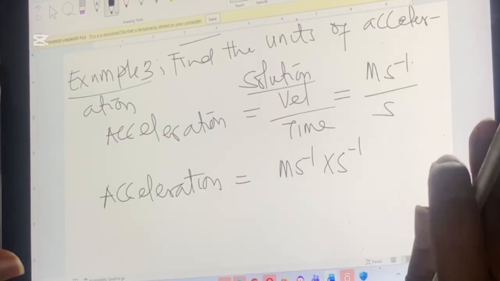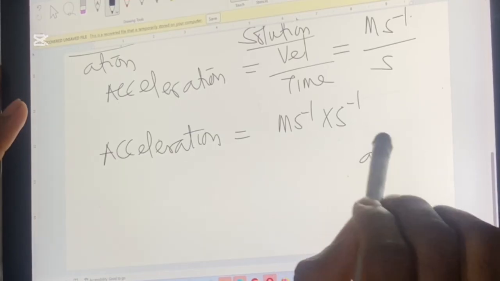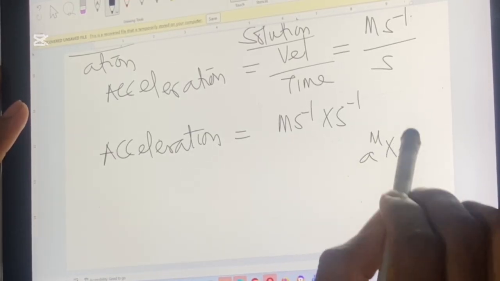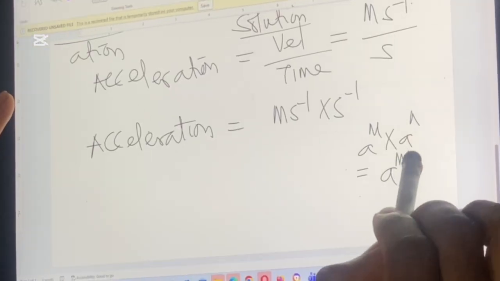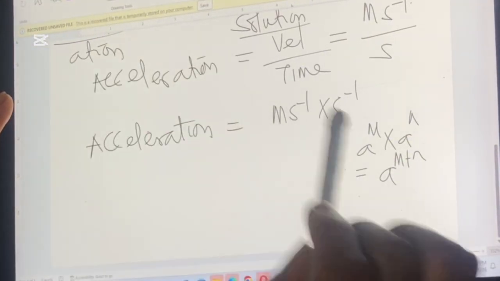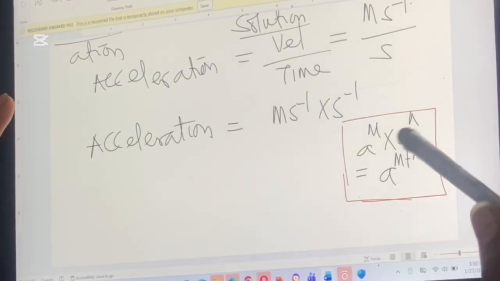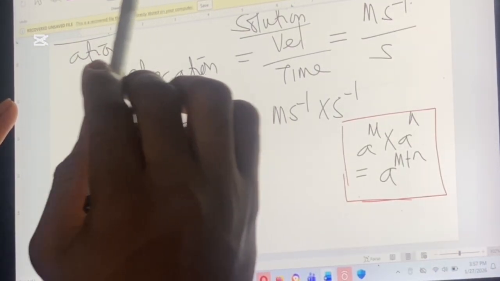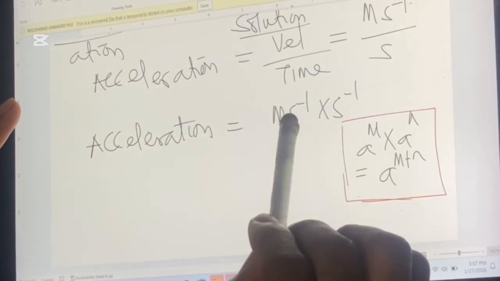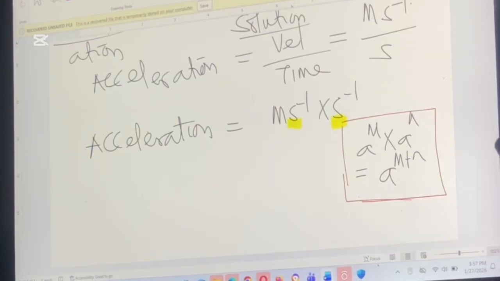So if I have something like this, a raised to the power of m times a raised to the power of n, the answer will be equal to a raised to the power of m plus n. So this is the law of indices. So whenever I have two bases, you take one and you add up their powers. So we have two bases here. We have s raised to the power of minus 1, s raised to the power of minus 1. So you take only one and add up their powers, okay?